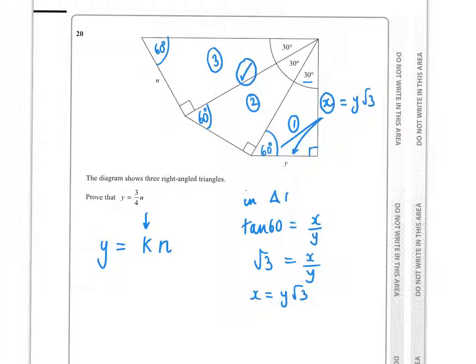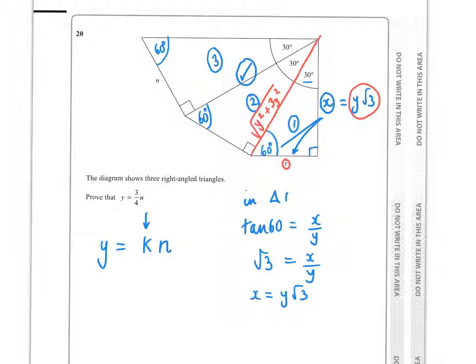In the second triangle, then all I need to do is find this length here, and I can do that in the first triangle because I know that by Pythagoras, if I square this length here and add it to the square of this length, now y root 3 times y root 3 is 3y squared, and if I square root that, well, what's y squared plus 3y squared?